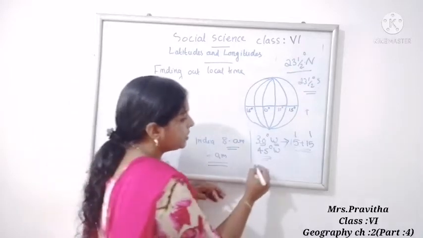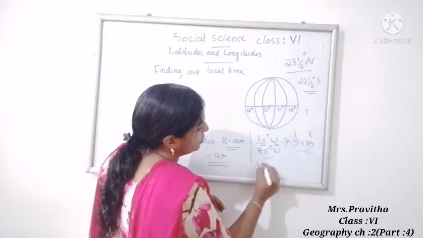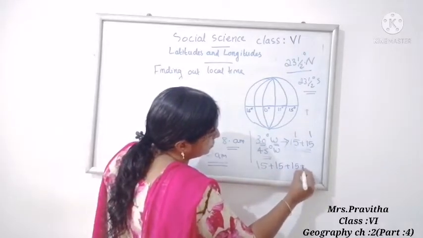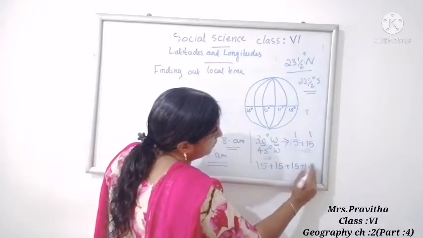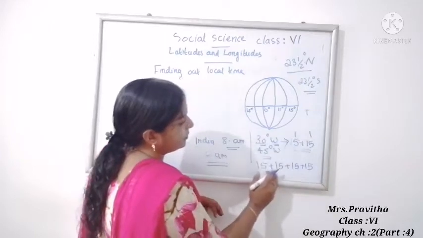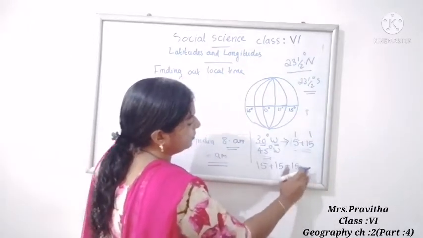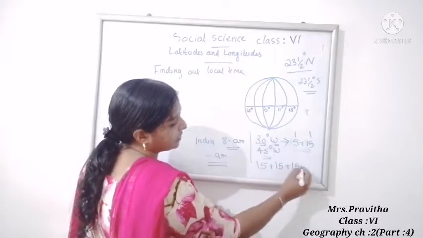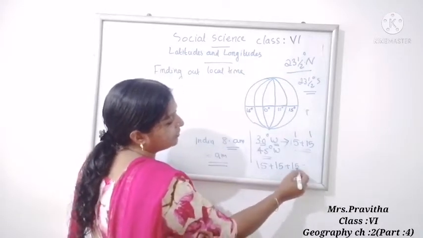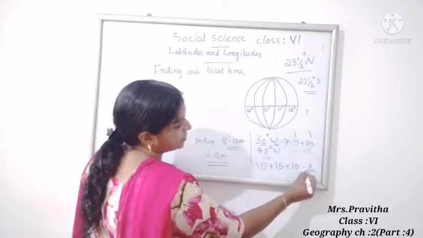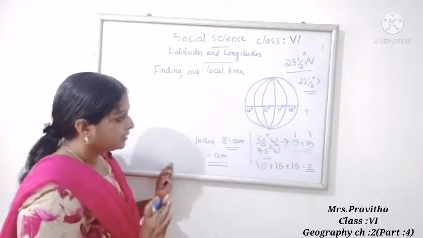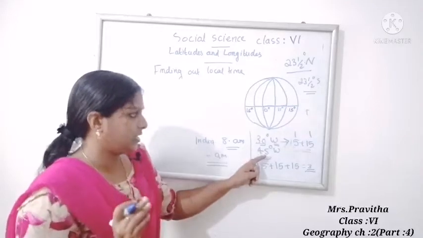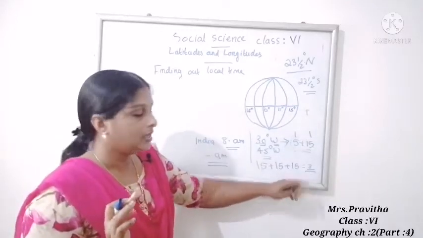We are going to calculate how many 15s are there. 15, 30, 45, so 3. 15 means 1 hour, so 3 hours. This is the time difference between Indian time and the 45 degree west country. The time difference is 3 hours.